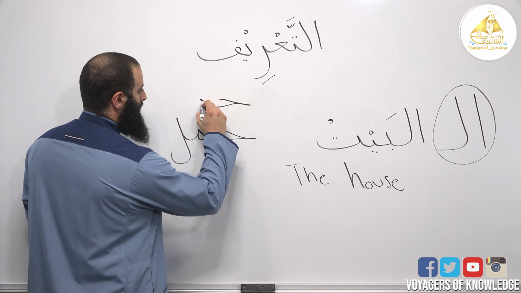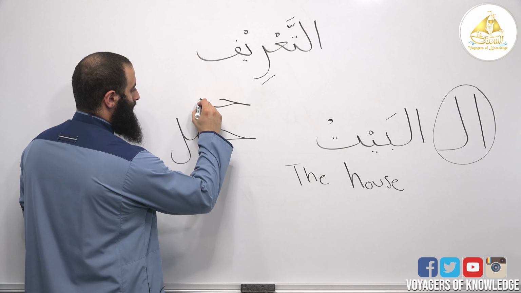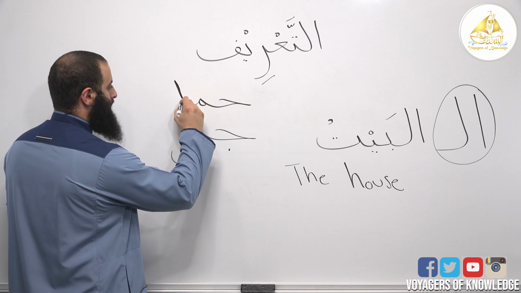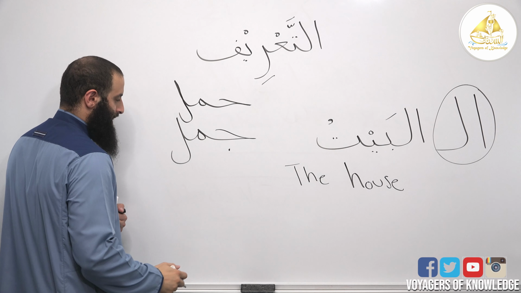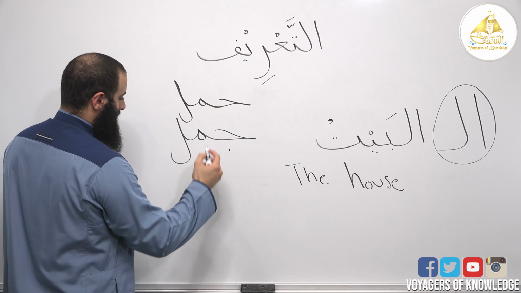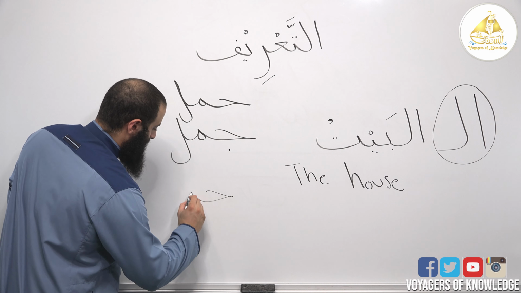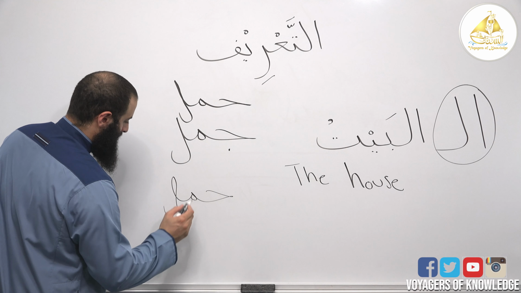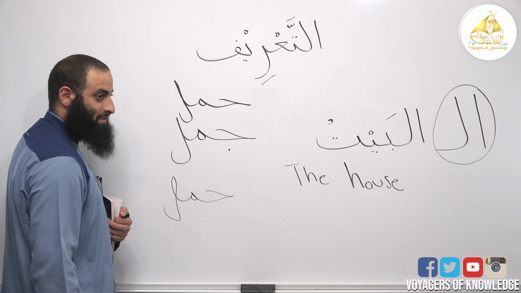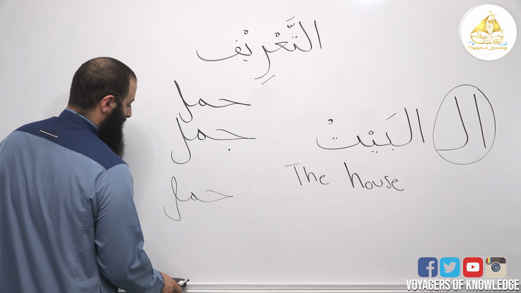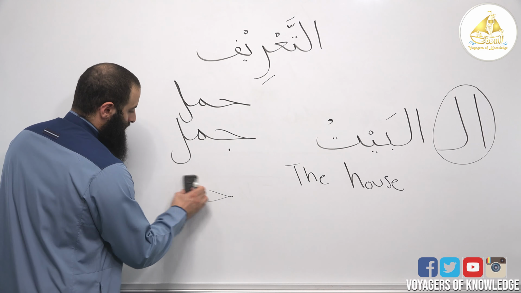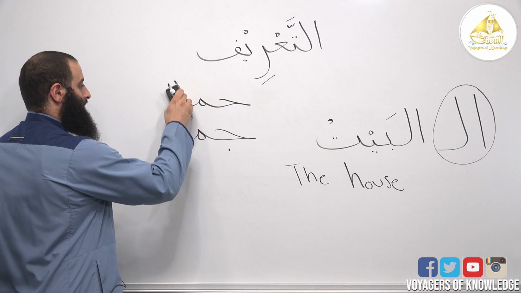The meem, go up with it, and then come back down and loop around. And then you come up, try to retrace that lam as best as you can. I remember for the longest time, my lams would have a weird, it looks something like this. Trying to retrace that middle connection. Don't worry about it. Eventually you start to get a little better at it.